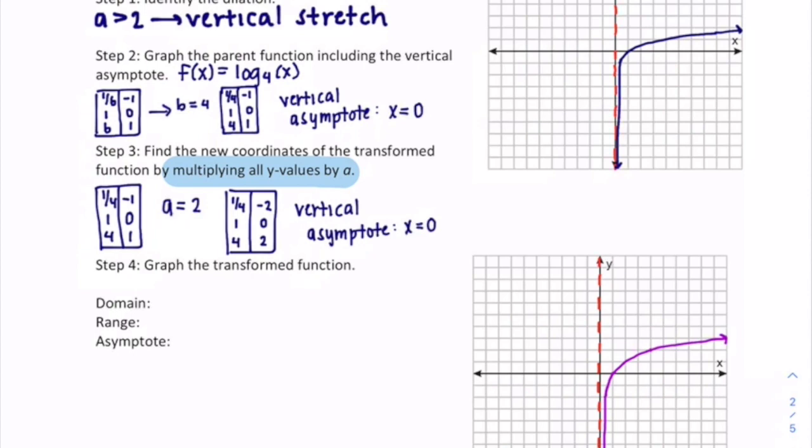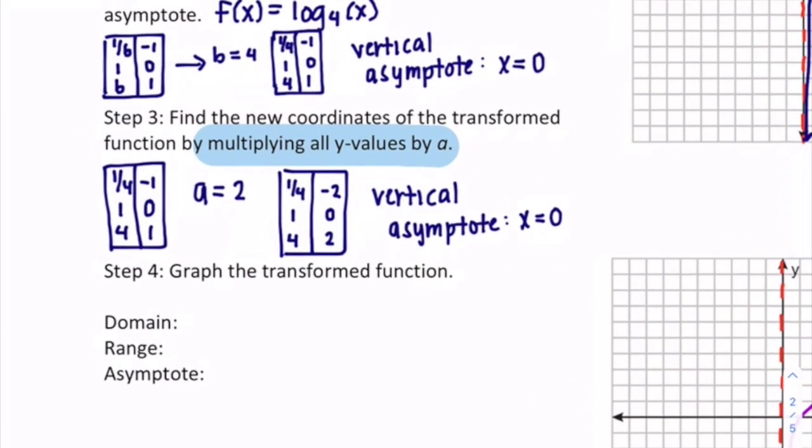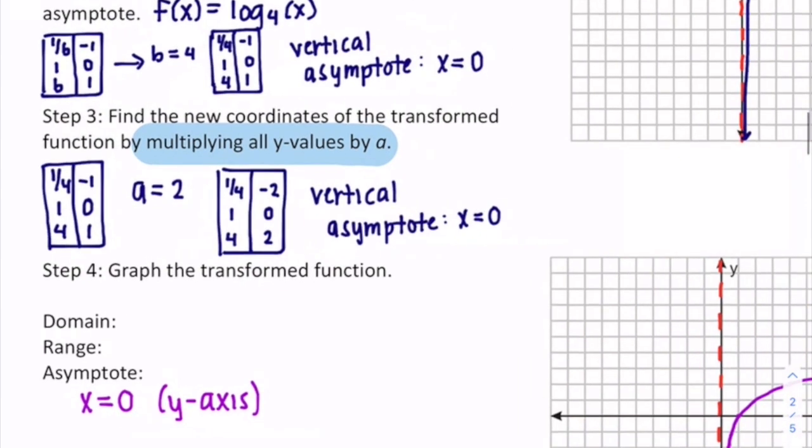Okay, now that we have our transformed function on the graph, we want to talk about the domain, range, and asymptote. We've already said that the vertical asymptote is x equals 0, and remember that's just the y-axis. For our domain, we're looking for all of the valid inputs for our function.